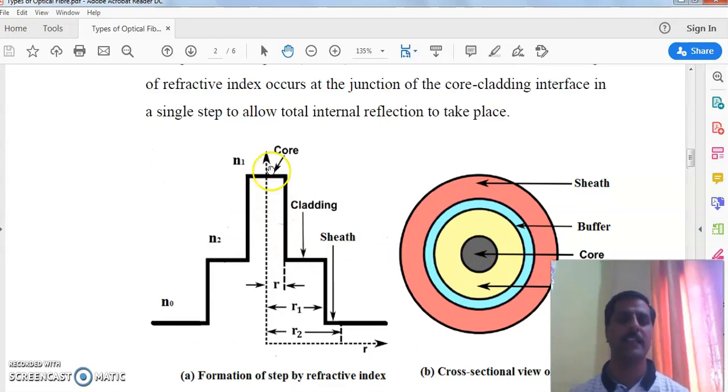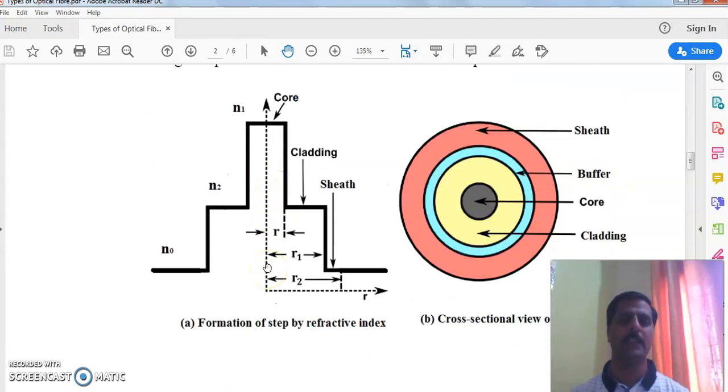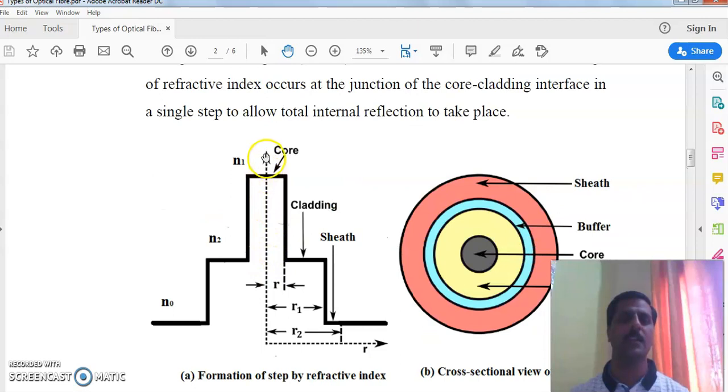Here you have to see that this line, this arrow, is the axis of the core region, and this is the step which is formed by the refractive index of the region. The core region has refractive index N1, so you see a straight line that is formed at the axis in the center.